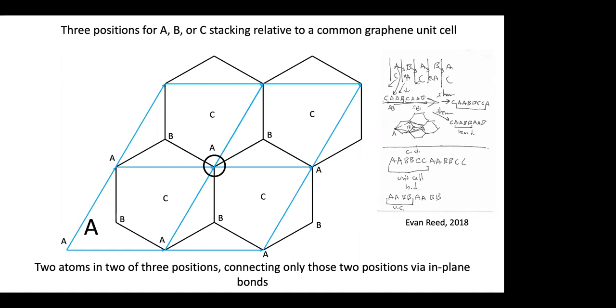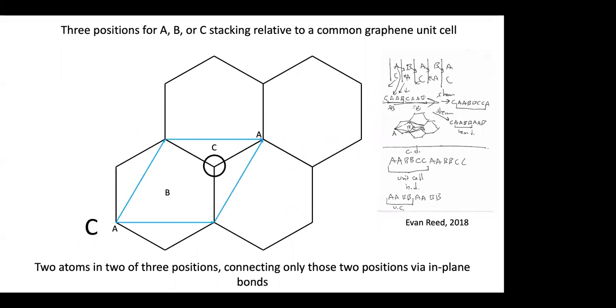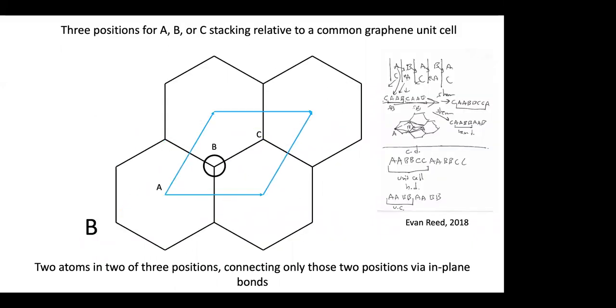The first is the A stacking, B stacking, and you'll notice what I'm keeping constant in this is this apex here in the middle. If we move the unit cell with respect to that, it can be in 3 different positions, A, B, and C, with respect to that apex, and that defines stacking in graphite.